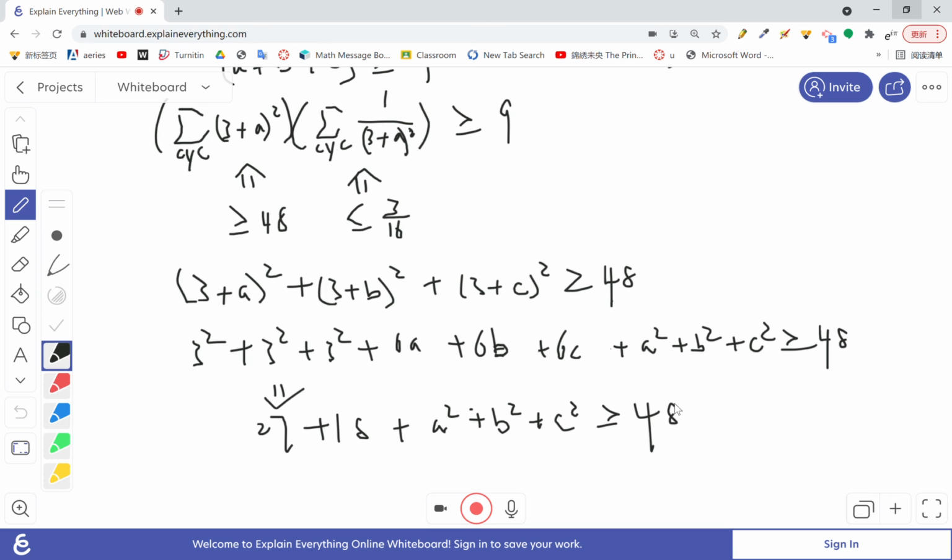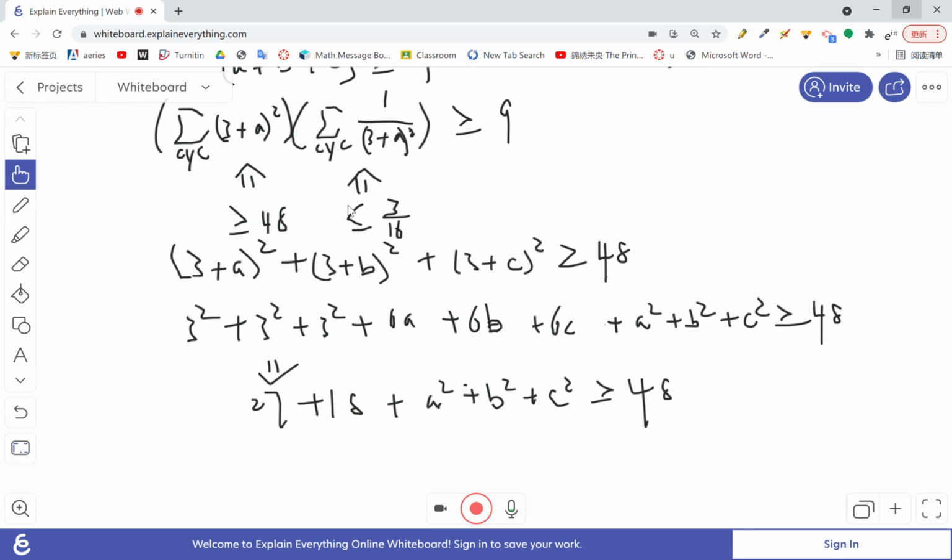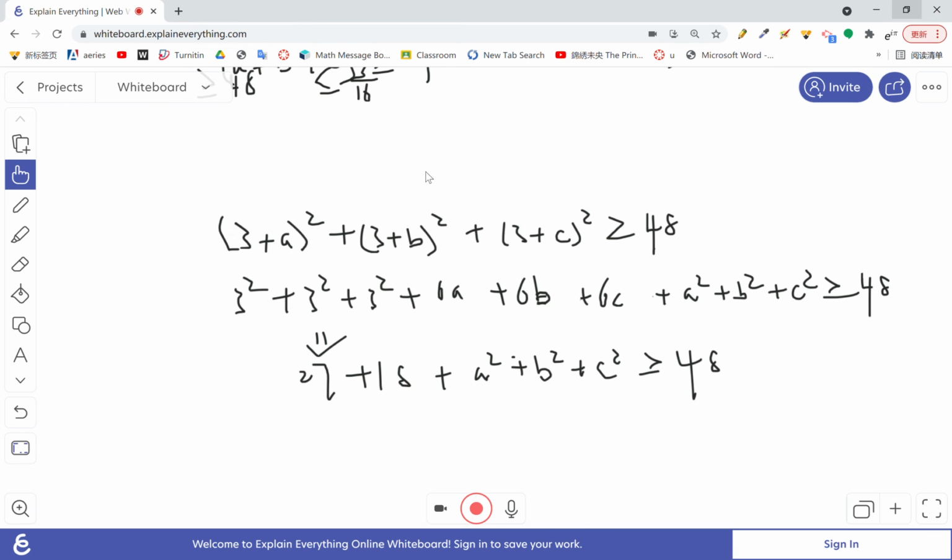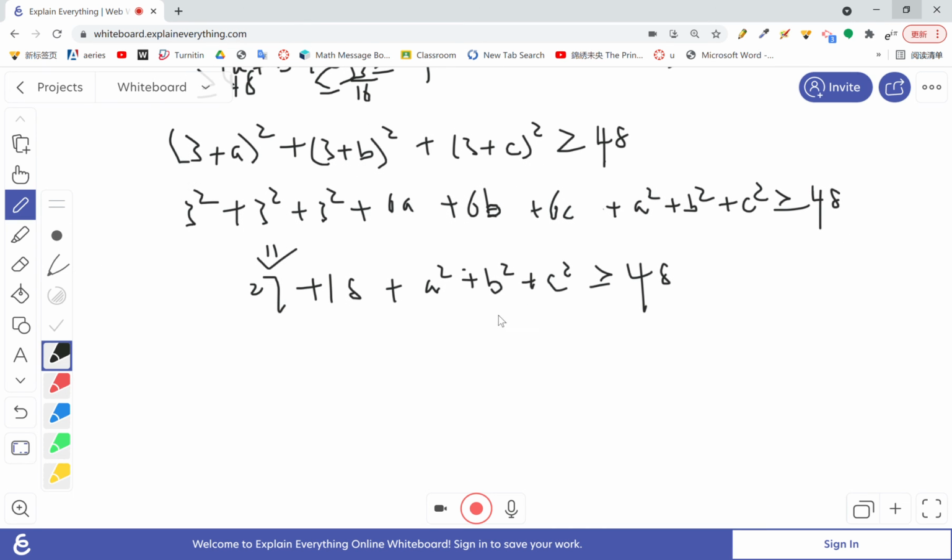So we take out the thing and we have a 3 left. So the minimum of a squared plus b squared plus c squared is equal to 3.